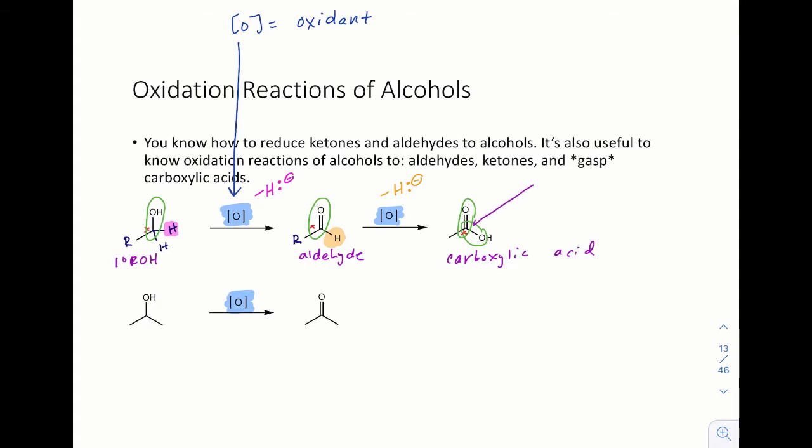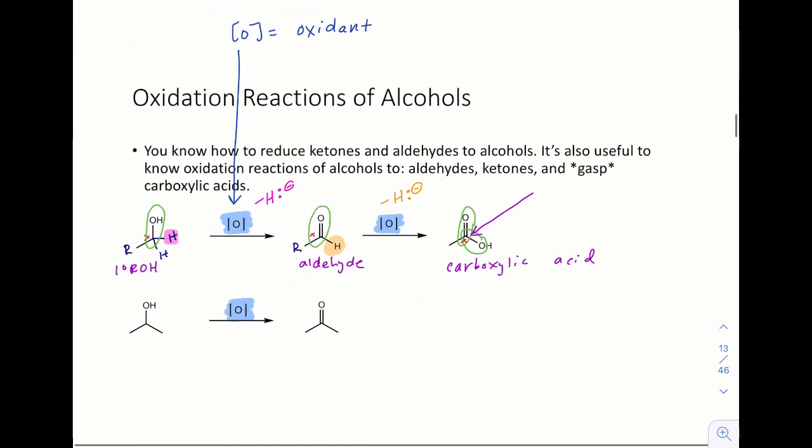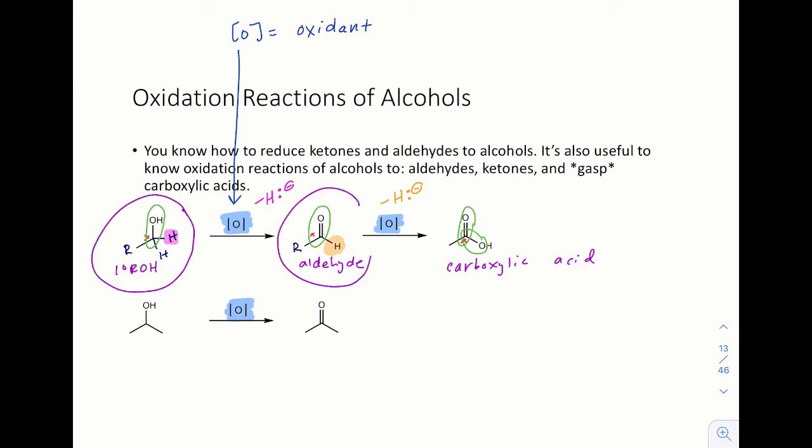Now, there are three bonds between the carbonyl carbon and oxygen. It's just two different oxygens, but it's still 1, 2, 3 bonds representing an oxidation relative to the two bonds between that carbonyl carbon and oxygen in the aldehyde. So we will find that primary alcohols can be oxidized to aldehydes and under some conditions all the way to carboxylic acids. We'll worry about the details momentarily. Right now, we're just thinking.